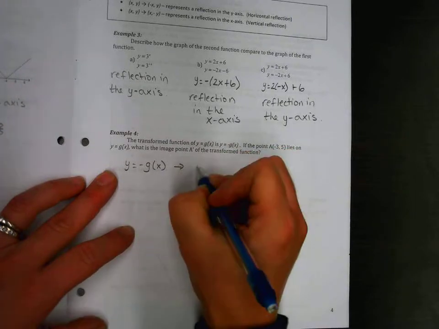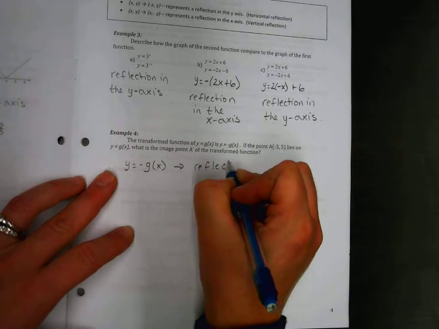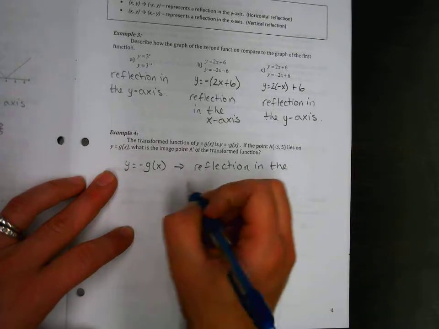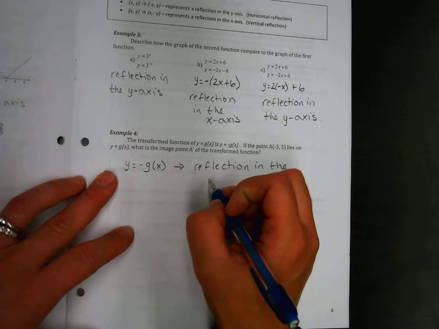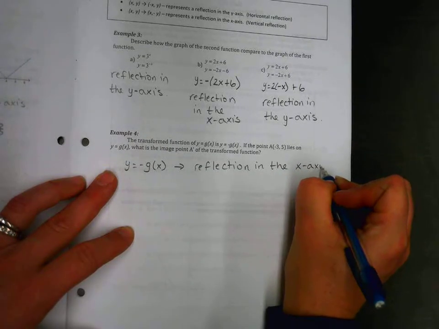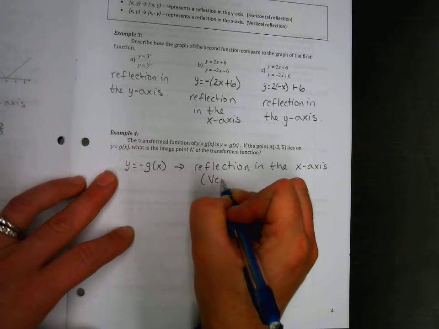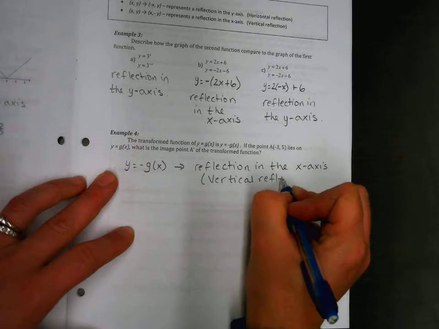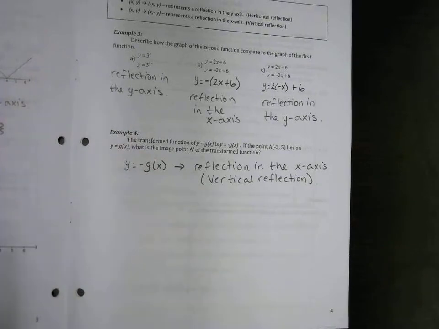This tells me there's a reflection in the x-axis, or you could call it a vertical reflection. Okay, so what does this affect?